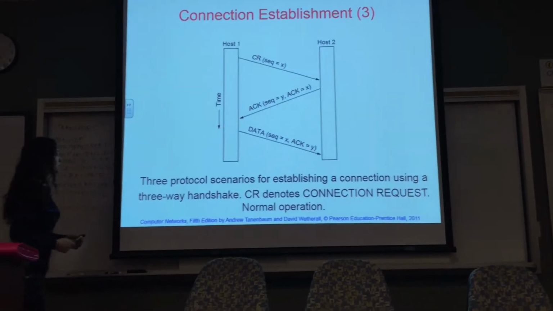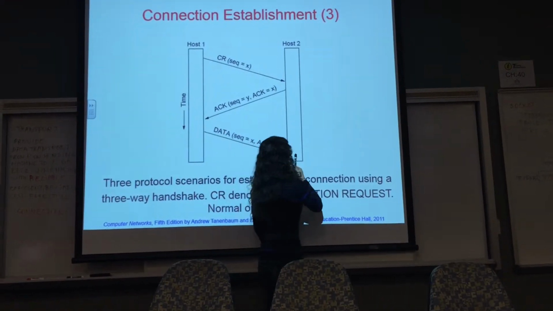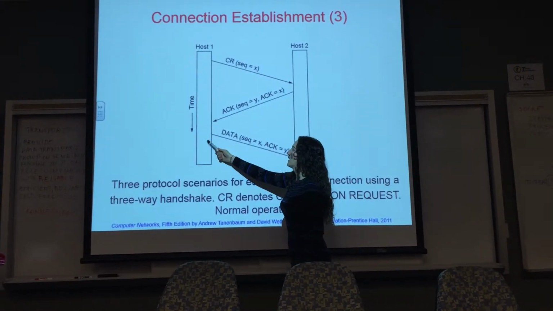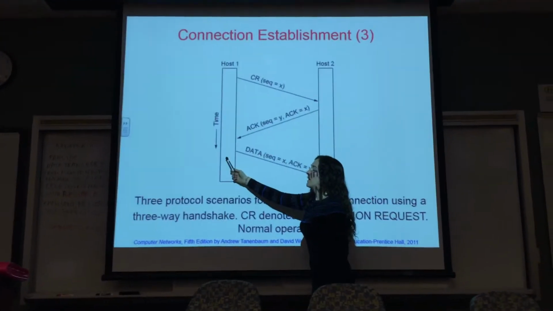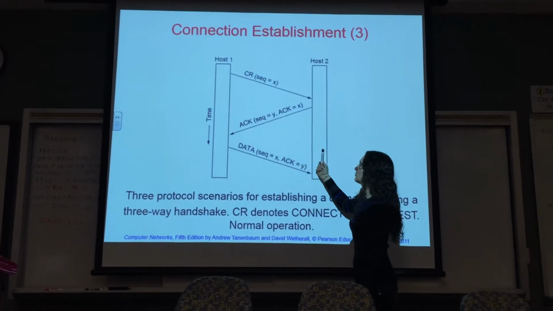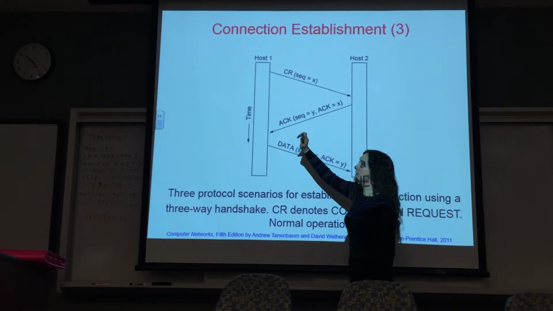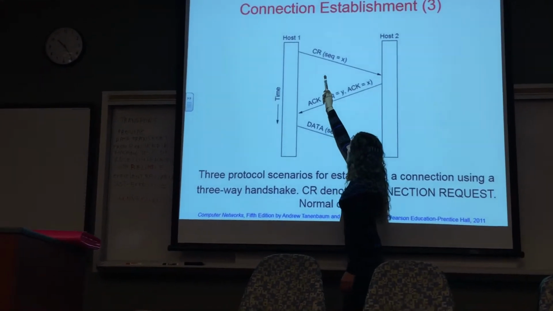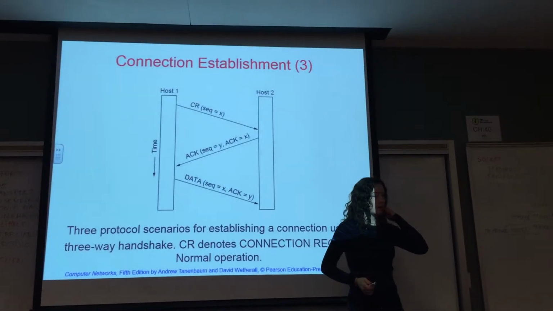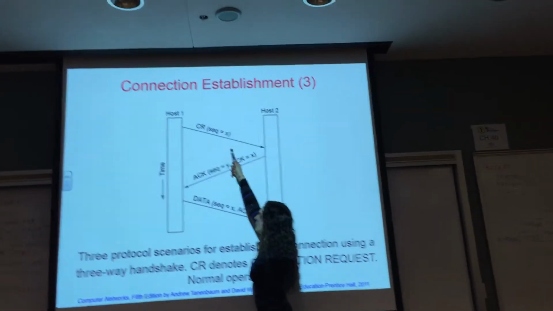This is the sending machine, this is the receiving machine, and this host wants to connect. Let's say this is the client, a web browser, and it wants to connect to the web server. So it sends a connection request, CR, to the server. When the server sees the connection request, it contains inside of it a sequence number.